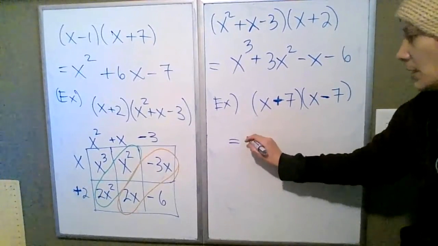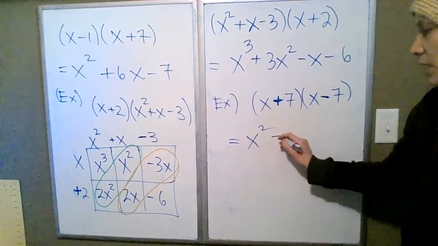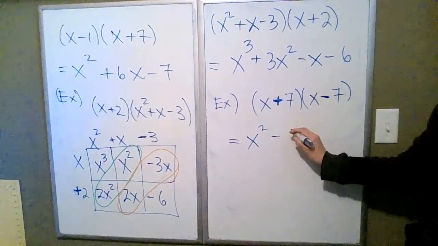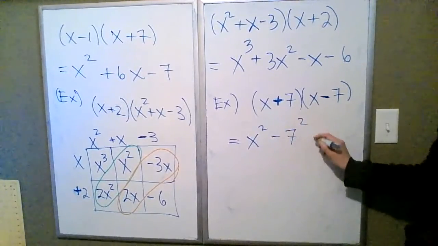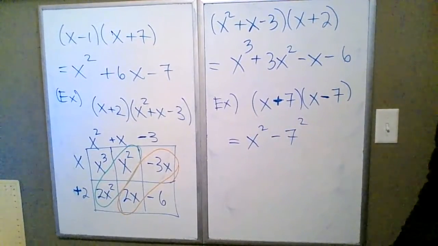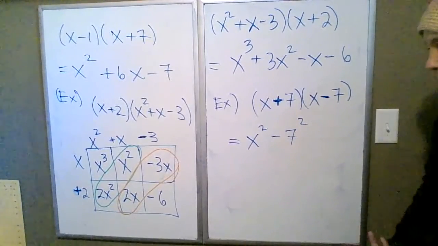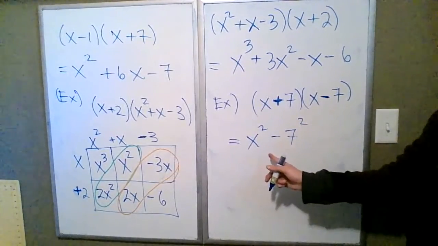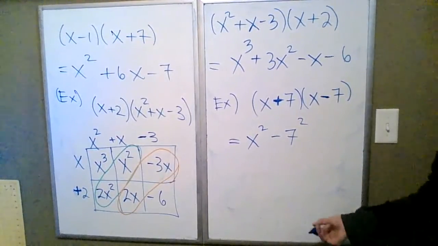So you square the first term and subtract squaring the second term. So if you can memorize the difference of squares, we don't need to do a rectangle and we don't need to FOIL. We can just jump to that formula. Get x squared minus 49.